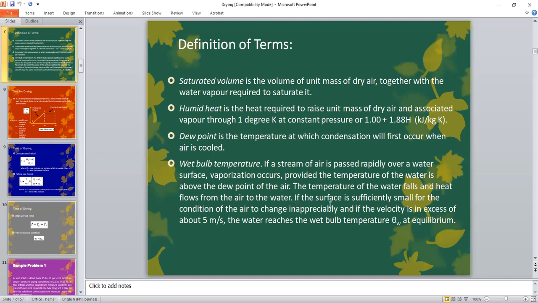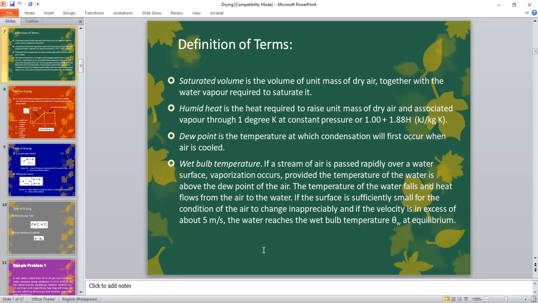If the surface is sufficiently small for the condition of the air to change appreciably, and if the velocity is in excess of about 5 meters per second, referring to the velocity of the stream of air being passed over this water surface, the water reaches what we call the wet bulb temperature.